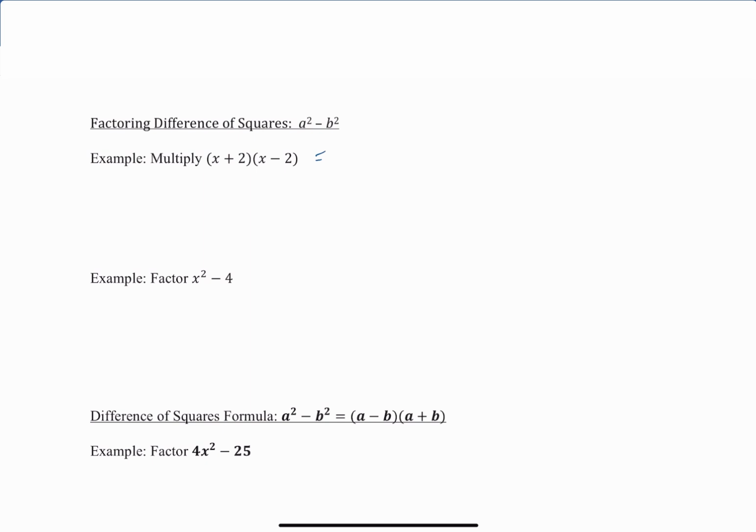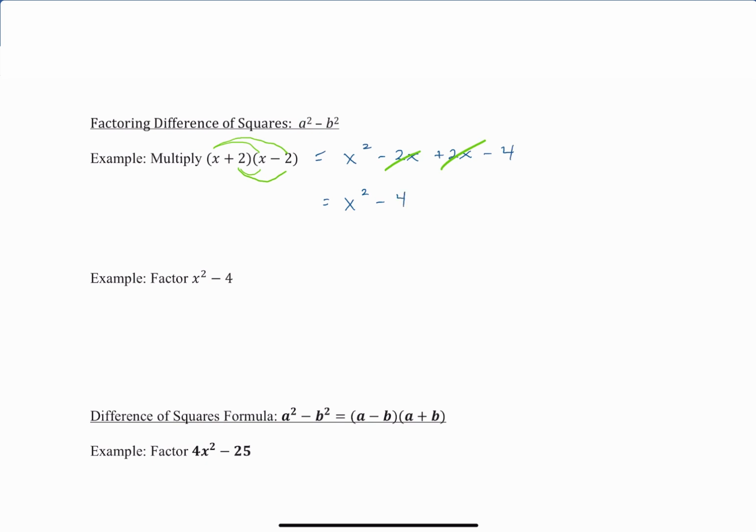Foiling that out, I'll have x squared, and then I'll have minus 2x, then I'll have plus 2x, and last I'll have 2 times negative 2, which is negative 4. Now the interesting thing with this multiplication is that those x terms cancel each other out and just go away and leave us x squared minus 4.